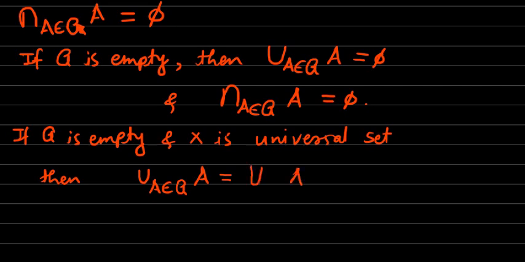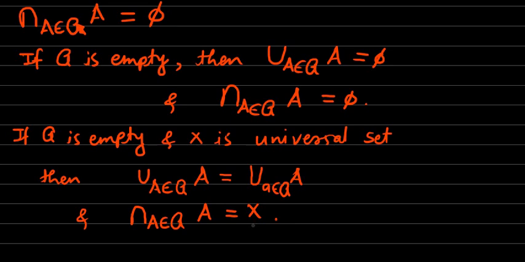So nothing changed here. But if you go for the intersection, then what happens? In that case, the intersection of A over A belongs to script A will be equal to X, if X is a universal set. This change happens here.